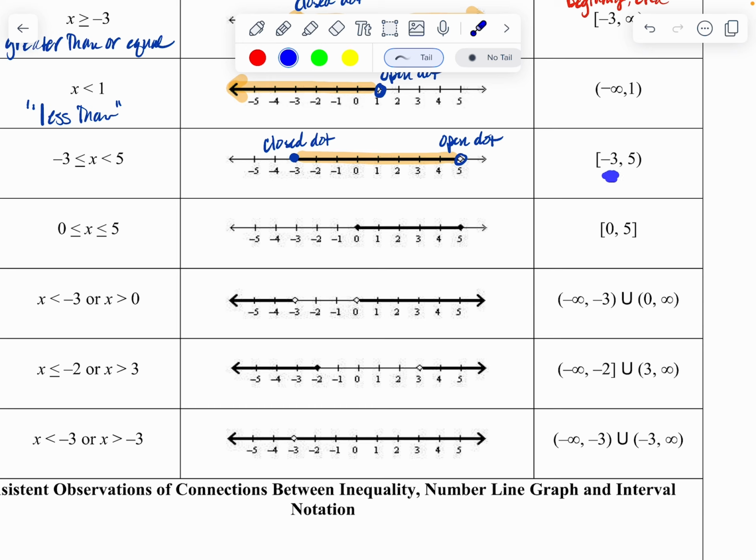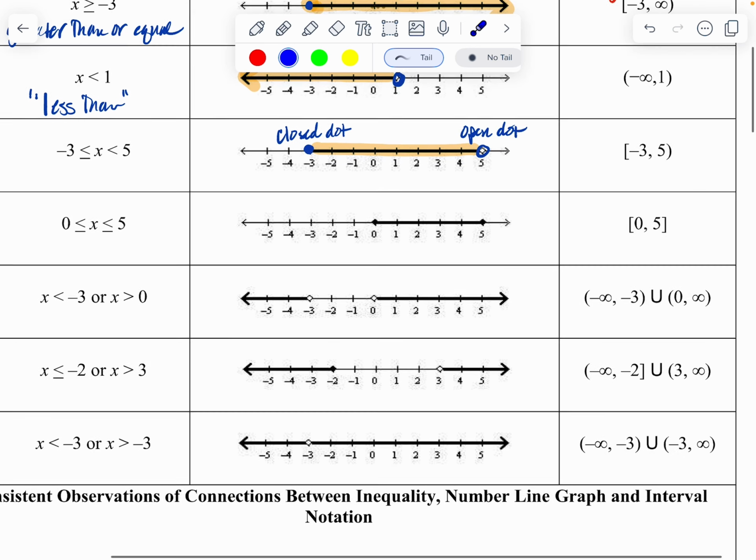So we're going to start at negative 3 and include it, and we're going to do every number between negative 3 all the way up to 5, but we're not going to include 5. Like we can go to 4.999999999 forever and ever, but once we get to 5, 5 is not a value of x, okay? So x can take on every single value in between these, all the decimals, all the rational, irrational numbers, everything.